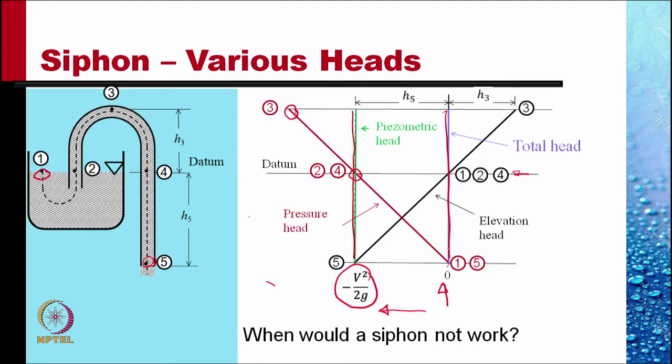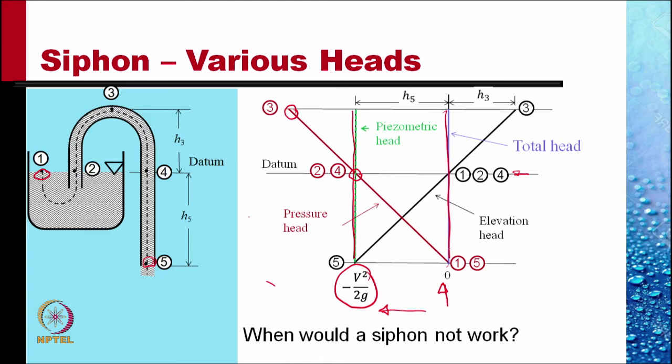This means the height H3 plus H5 is equal to the barometric head, the atmospheric pressure converted into the liquid head. If liquid is water, then this is about 10 meters.